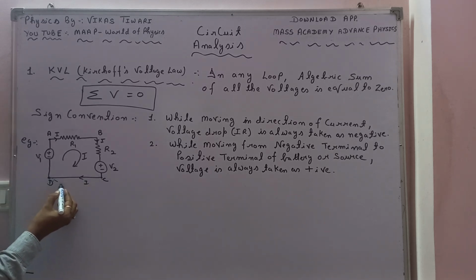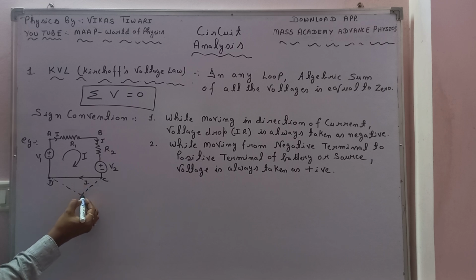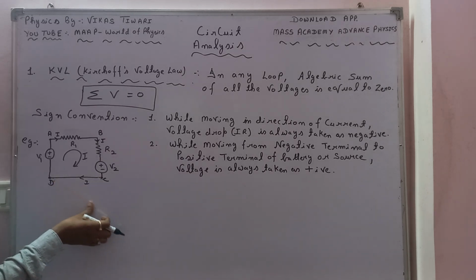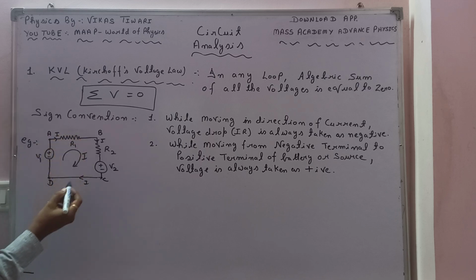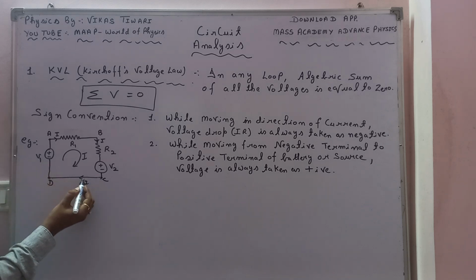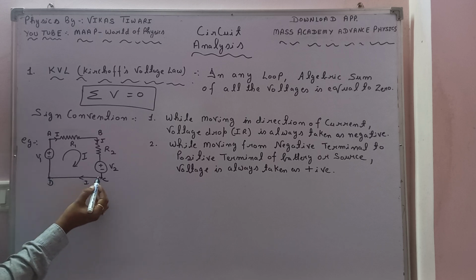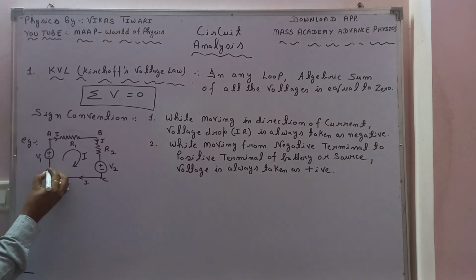If you want, you can join them like this and make a ground over here. These are common points, but just to show the circuit composed like this, we can say these are equipotential points. And again the current will flow over here, so this loop has been completed.